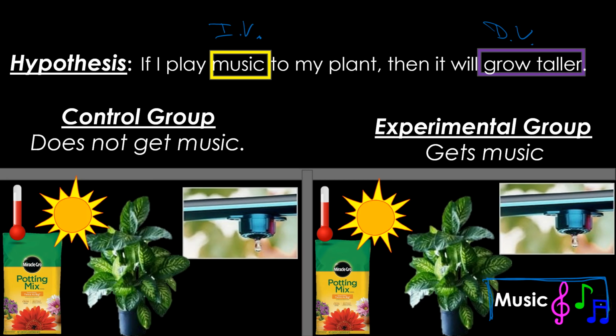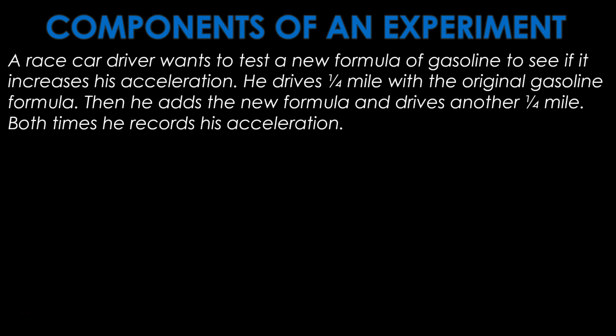That's the independent variable, okay? So let's take this experiment, for example. A race car driver wants to test a new formula of gasoline to see if it increases his acceleration. He drives a quarter mile with the original gasoline formula. Then he adds the new formula and drives another quarter mile. Both times he records his acceleration.